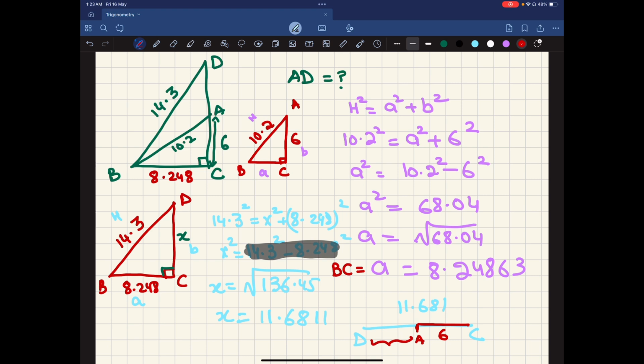So what are we going to do? We're going to subtract 6 from 11.68, which gives us 5.6811817. So what is the value of AD? It is 5.68 centimeters.